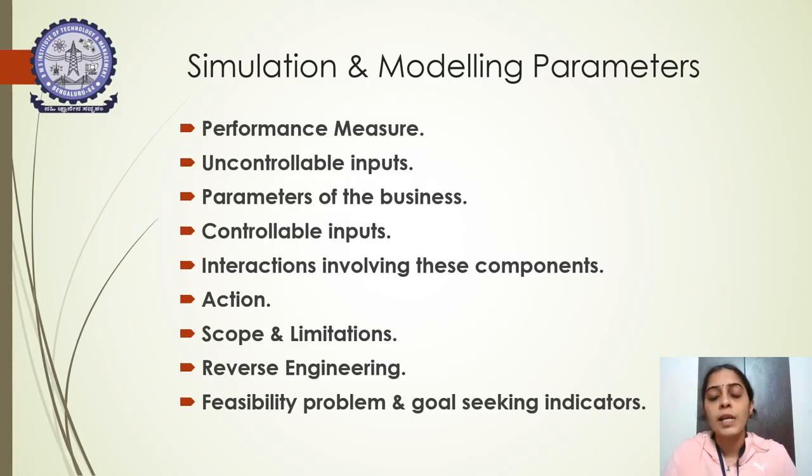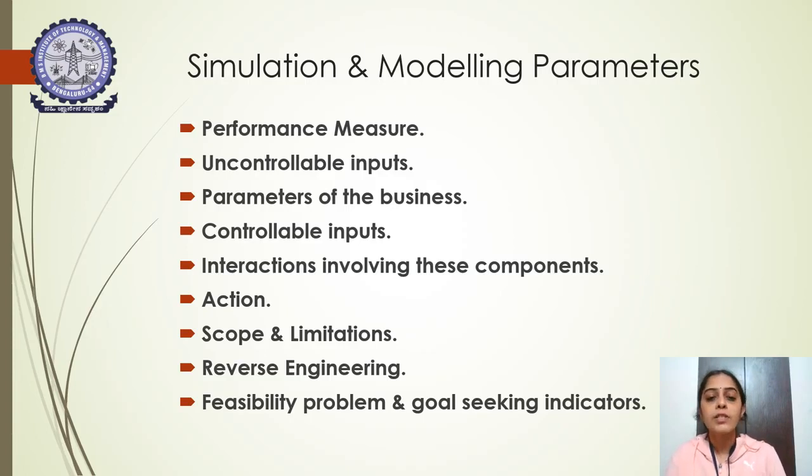So these come along with various parameters which have to be taken care of. These are nothing but the performance measure, uncontrollable inputs, parameters of the business, controllable inputs, interactions involving these components, action, scope and limitation, reverse engineering, feasibility problem, and goal seeking indicators.